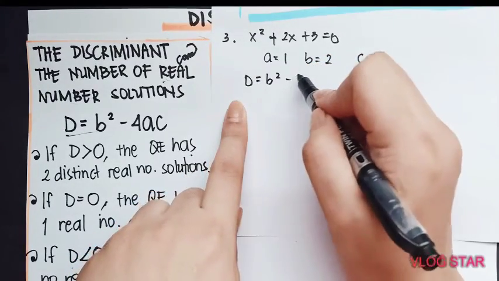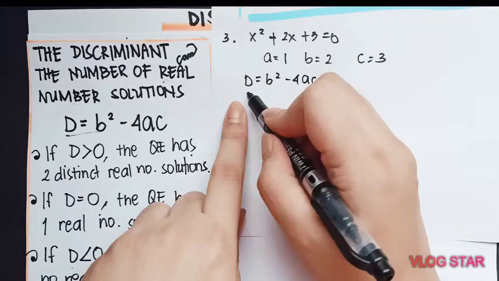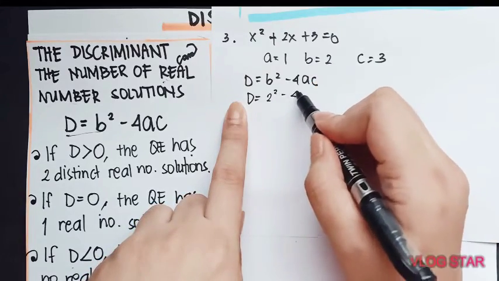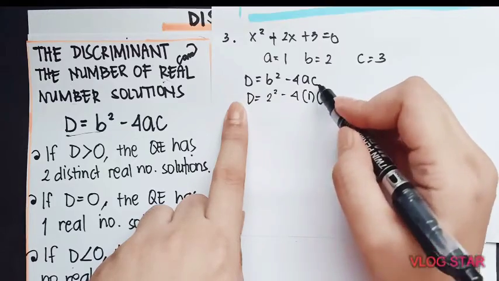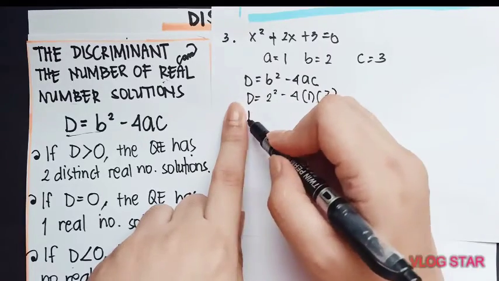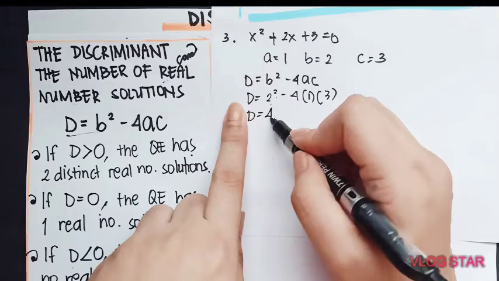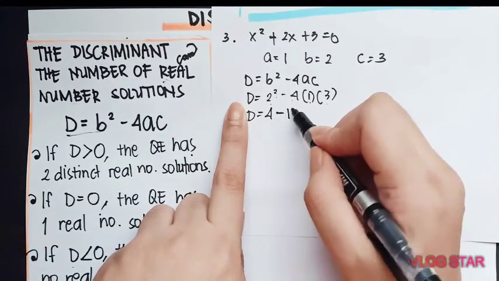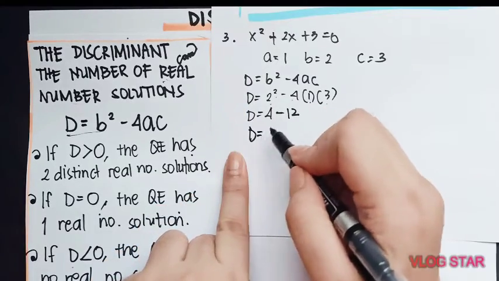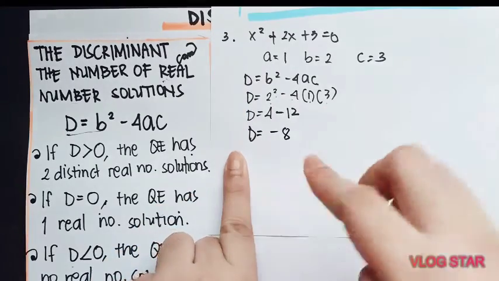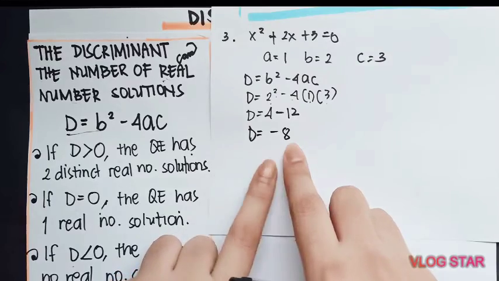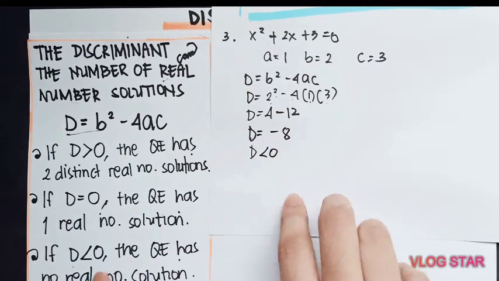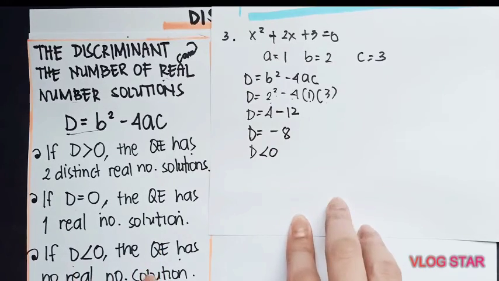Discriminant is b squared minus 4ac. Substitute the values. So we have 2 squared minus 4 times 1 times 3. So the discriminant is 2 squared, which is 4. The negative 4 times 1 is negative 4 times 3 is negative 12. And 4 minus 12 is negative 8. The discriminant is negative, meaning it is less than 0. So it will fall on the third condition.